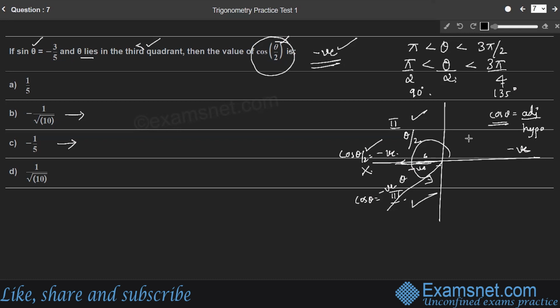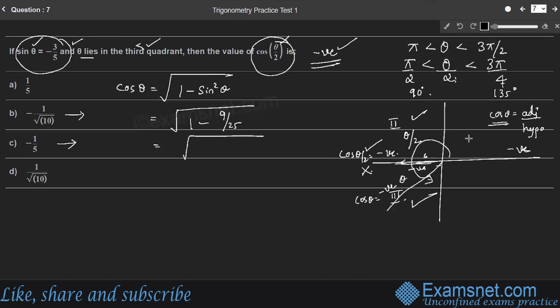So how to find cos theta? Using the relation sin theta is equal to minus 3 by 5, right? So let us find cos theta. So cos square theta plus sin square theta is 1. Therefore, cos theta is root of 1 minus sin square theta, right? So root of 1 minus, minus of 3 by 5 the whole square becomes 9 by 25.